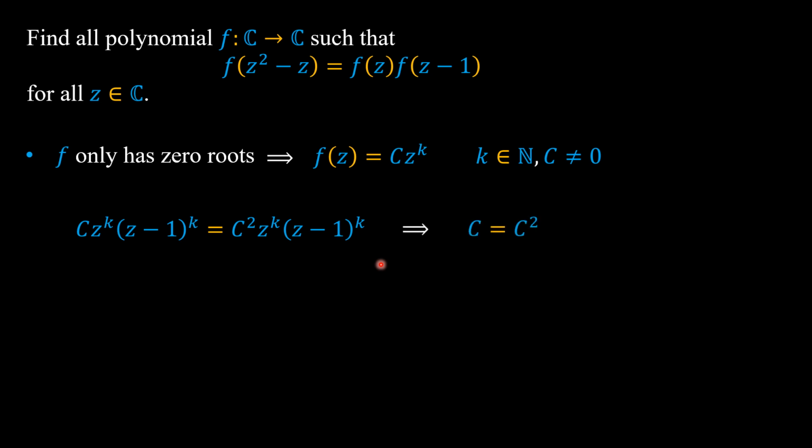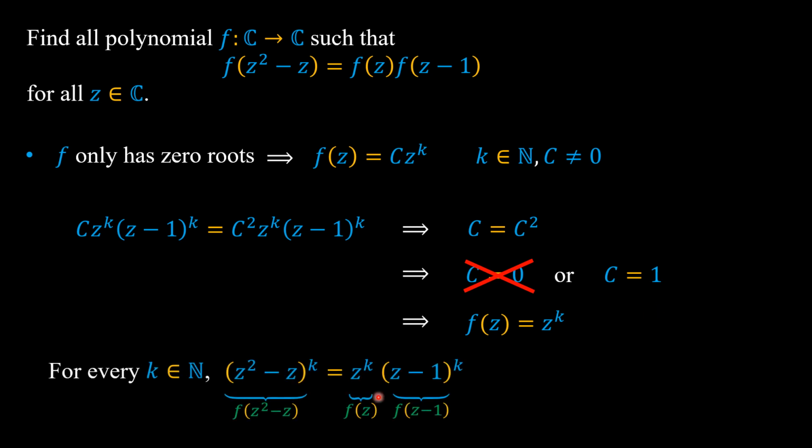So we have c equal to c^2, which means c equal to 0 or c equal to 1. Since c not equal to 0, we must have c equal to 1, which means f(z) equal to z to the power of k. And of course, for any natural number k, this f(z) satisfies the functional equation in the problem.